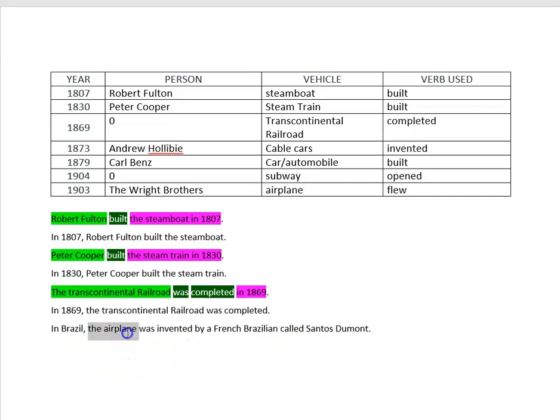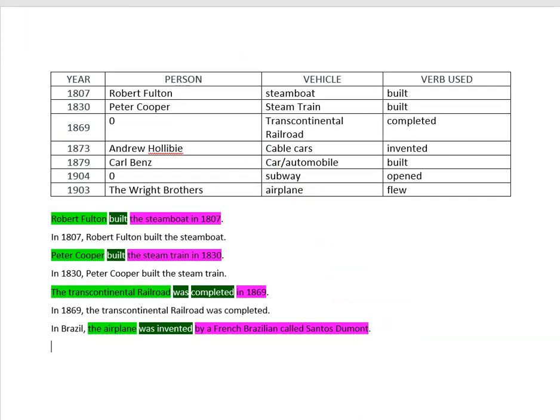So here I'm saying in Brazil, this is a place expression. The airplane is going to be my subject. Was invented, because I'm not saying who, I'm saying what first, right? Was invented by a French Brazilian called Santos Dumont.